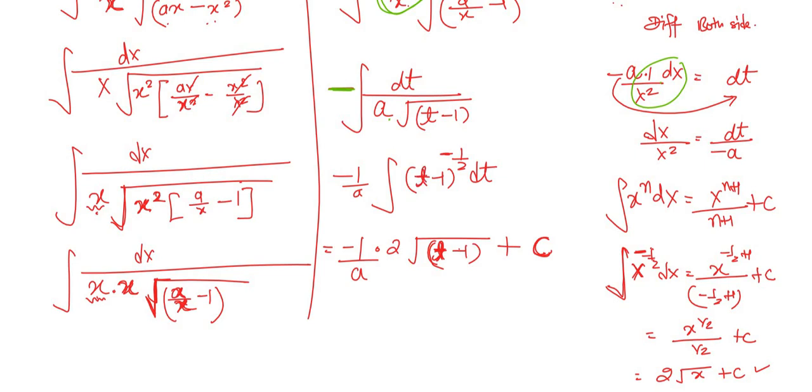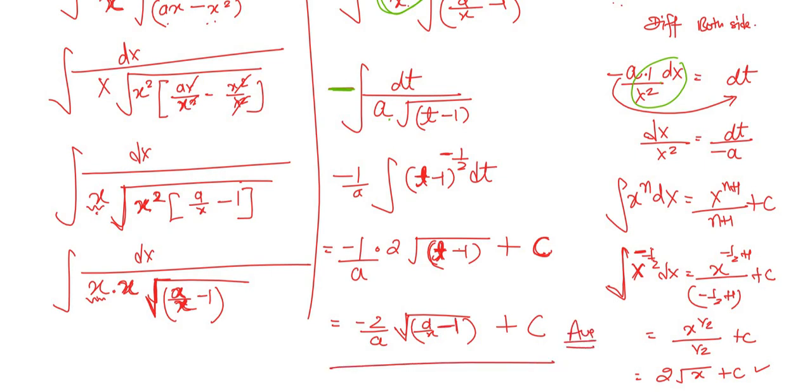Usually in integration, whatever is the coefficient of t or x, that is divided. Here there is nothing to divide. My answer will be 2 by a under root of t minus 1 plus c. What was t basically? t was a by x. This is my answer.